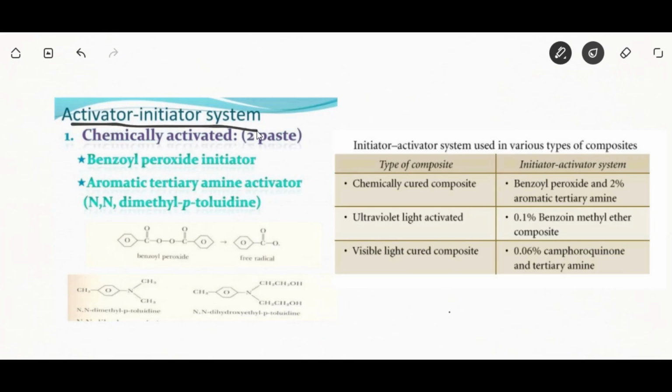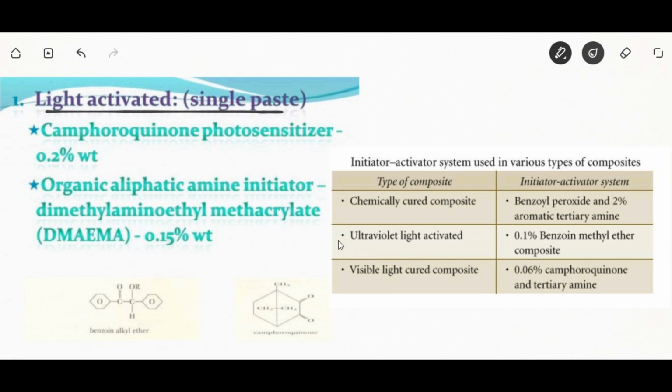Coming to the activator-initiator system, that can be chemically activated, which consists of two pastes. In an example of a chemically cured composite, the initiator-activator system is benzoyl peroxide and 2% aromatic tertiary amine. Whereas with the ultraviolet light activated, the initiator-activator system is 0.1 benzoin methyl ether.